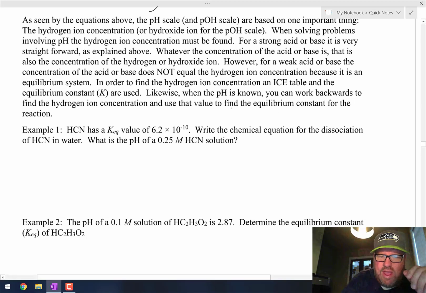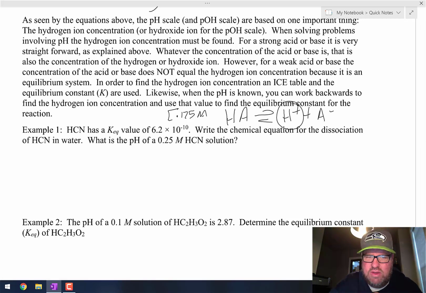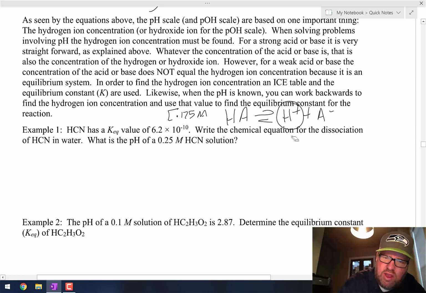If you have a weak acid, HA, in equilibrium with H plus and A minus, and the concentration of HA is 0.125 molar, let's say, that does not mean that the hydrogen ion concentration is 0.125 molar. In fact, it's way, way less than that, because it's a weak acid in an equilibrium system.